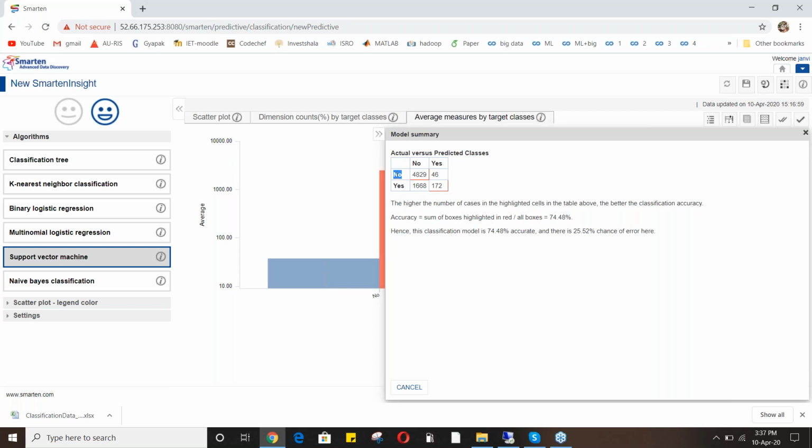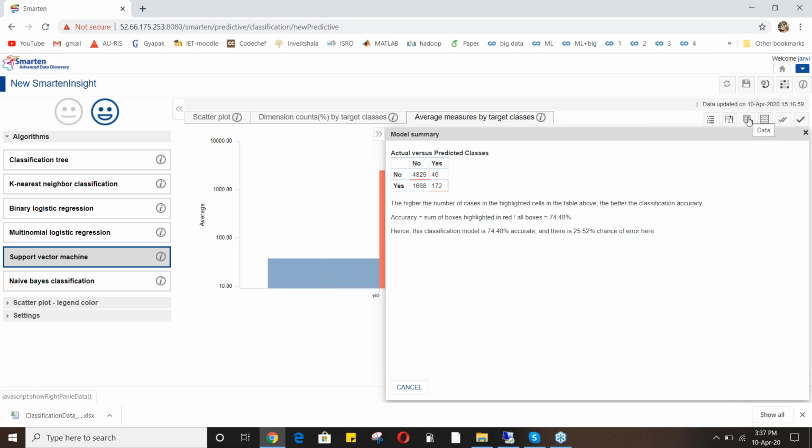So the customer churn which was no and rated as no is this much count, and the customers who were actually yes and rated as yes, it is that, and by that we have calculated the accuracy of 74.48%, and there is a chance of 25% of error.